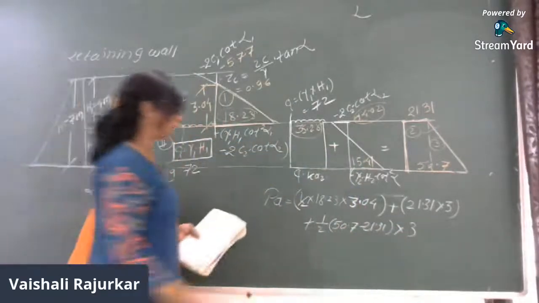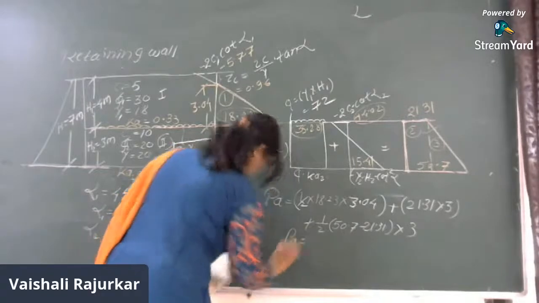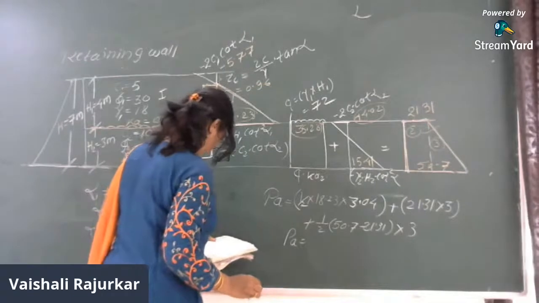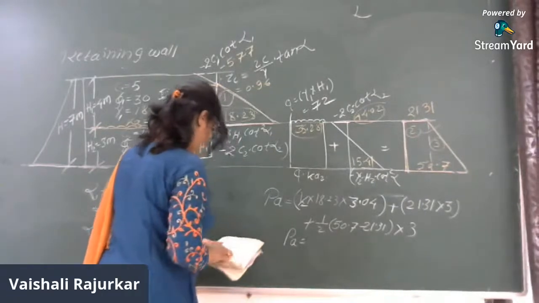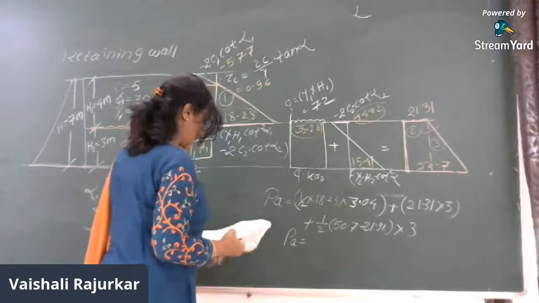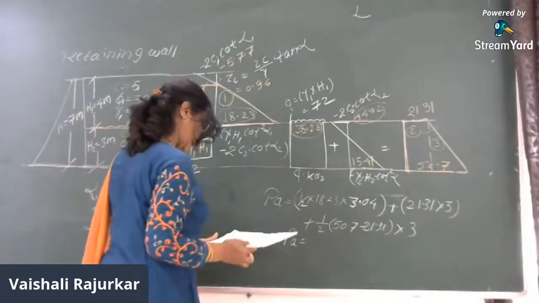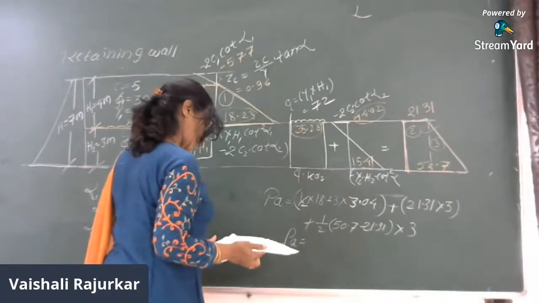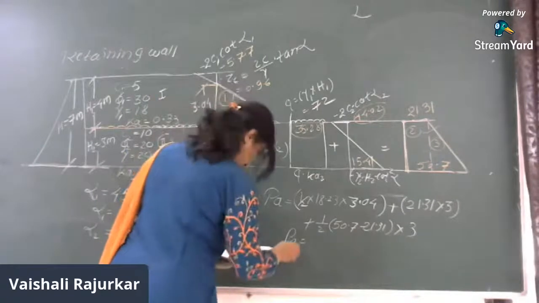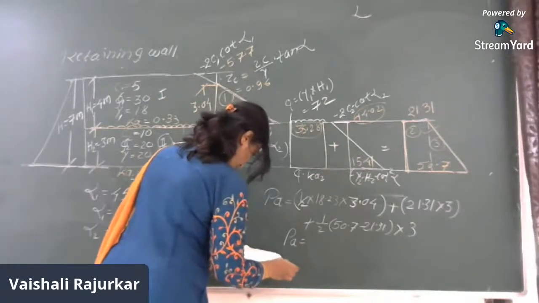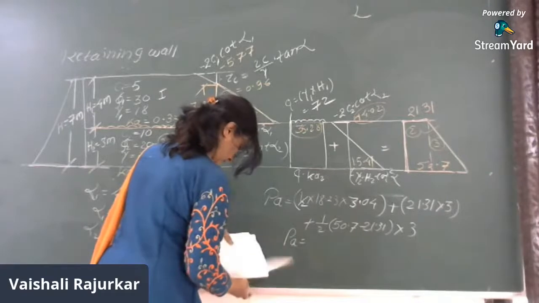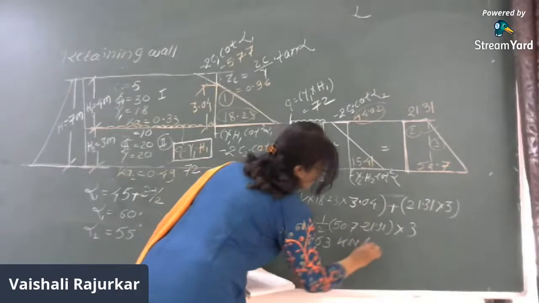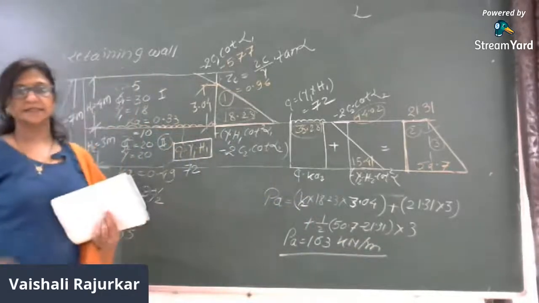So this total PA is considered as 163 something. It is 163 kilonewton per meter run. Right? So this is the total PA.